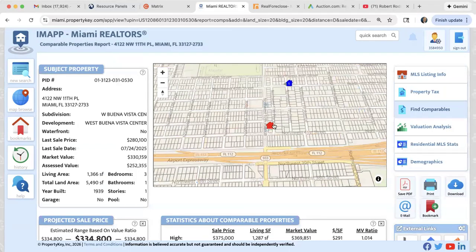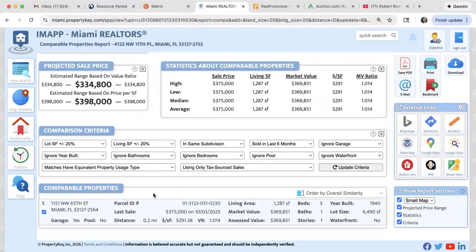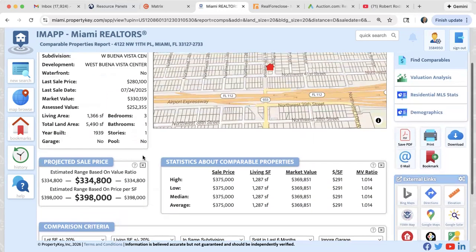one comparable. Here's our subject property. Here's the one sale that occurred in the last 6 months. That is a property that is similar to our subject property. This property sold for $375,000. It is slightly smaller than the subject property. The subject property is 1,366 square feet, 3-1.